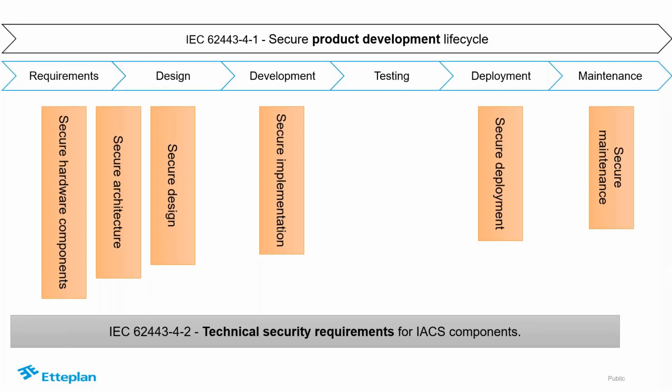So the -4 part of the standard is actually divided in two. So there's the -4-1, which is about the secure product development lifecycle, which is kind of what I just described. And then there's the -4-2, which is about the technical security requirements for the actual components.